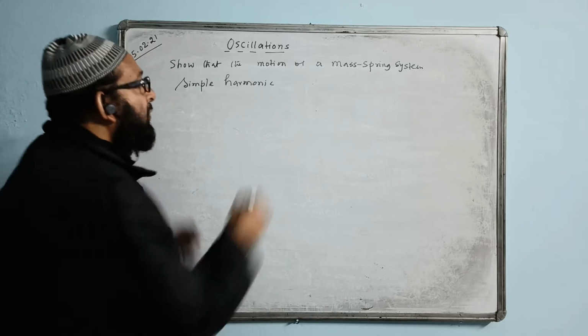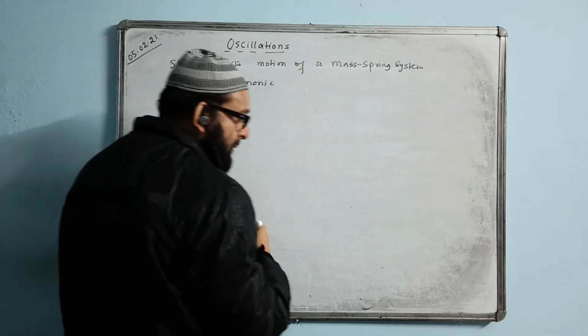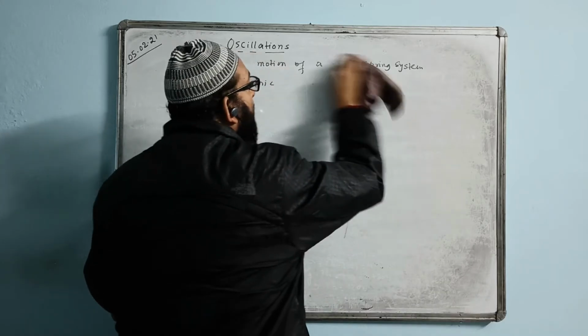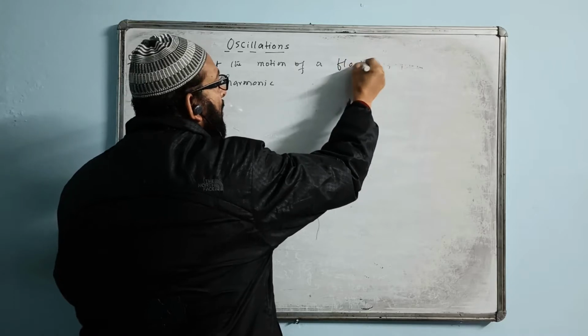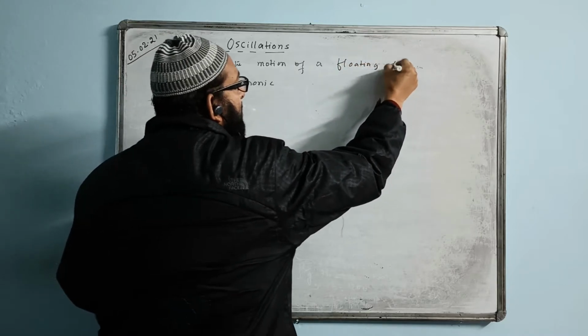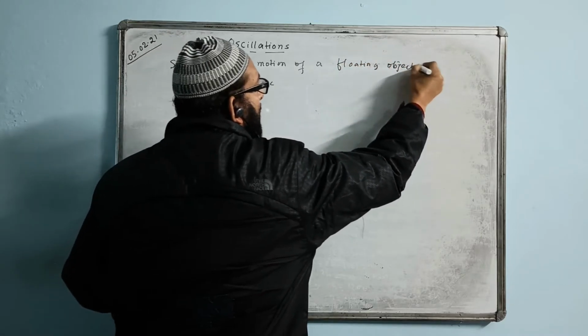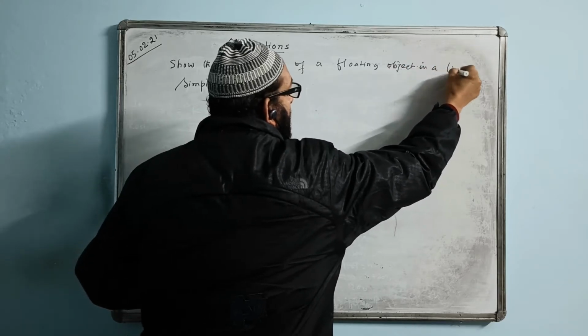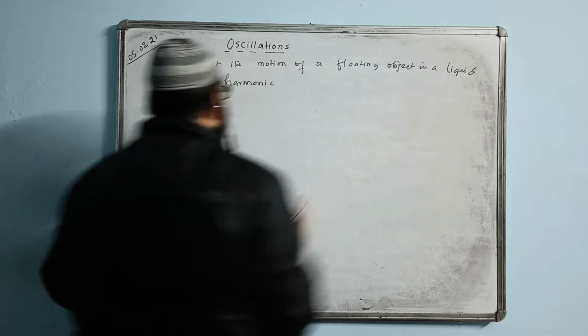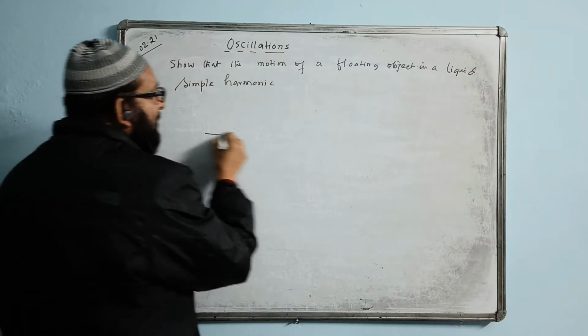Show that the motion of a floating object in a liquid is simple harmonic. For this, we will draw a diagram here like this.